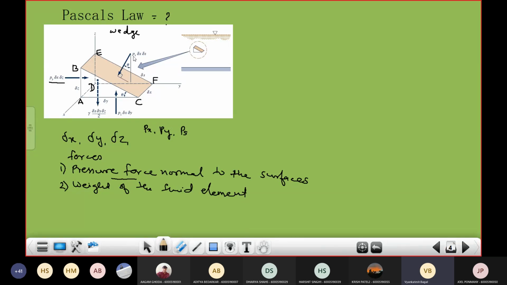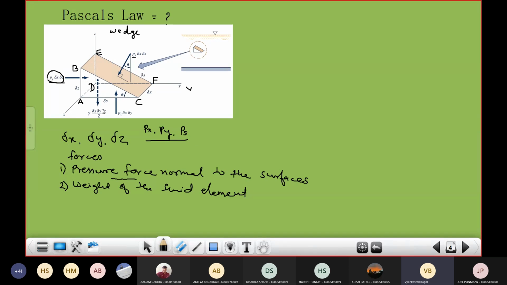The pressure acting normal to this face, let us call it Ps. So Px, Py, and Ps are the pressures acting along X, Y, and S direction respectively. Clear? So you simply take the pressure along that particular direction and multiply by the area of the face. That will give you the pressure force. The whole term Py into delta X delta Z is nothing but the pressure force acting on this face. As I said, pressure force is a vector, that's why the arrow is there.